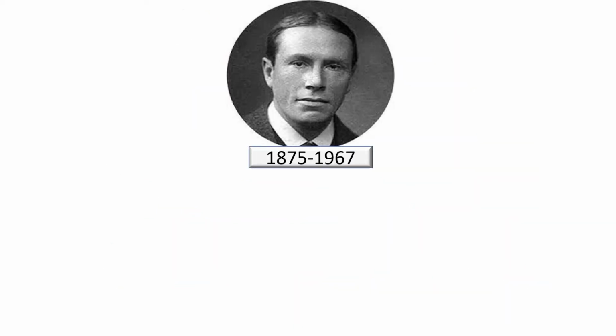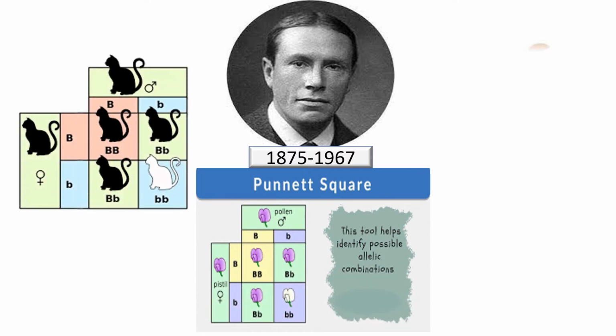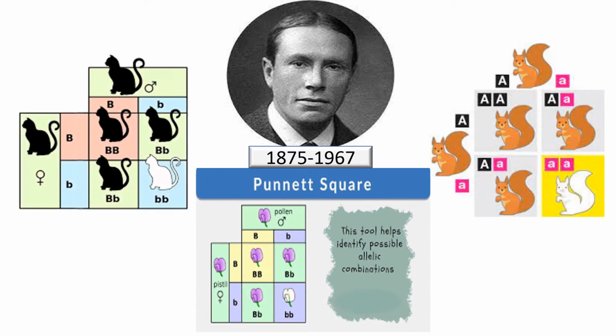Reginald Punnett, 1875–1967. Punnett squares, introduced by Reginald Punnett at a later period, can also be used to explain the behavior of alleles in genetic crosses better. Let's clarify Mendel's results further. By a Punnett square, Mendel stated that physical traits are inherited by factors.